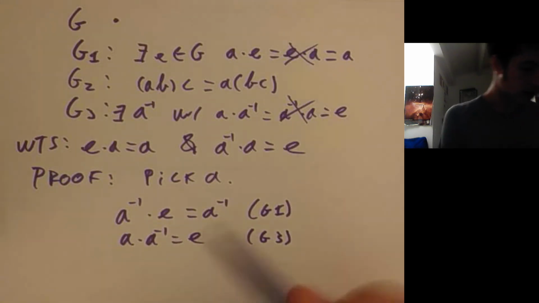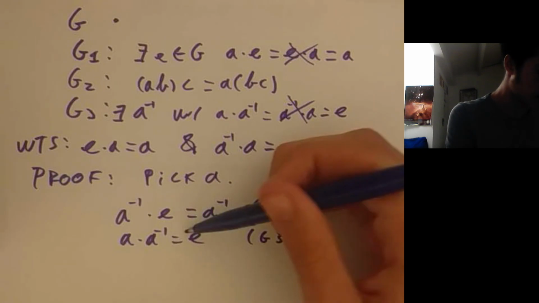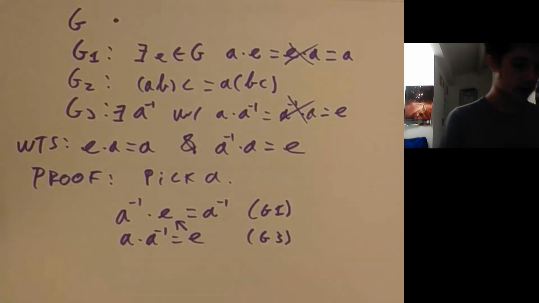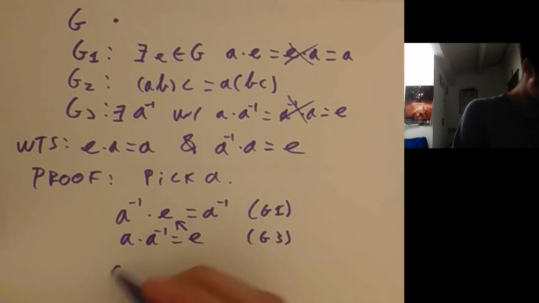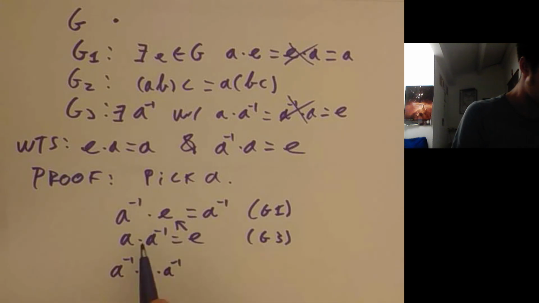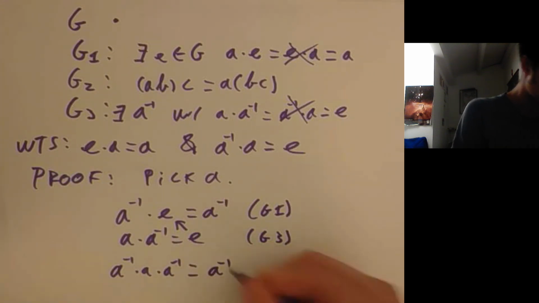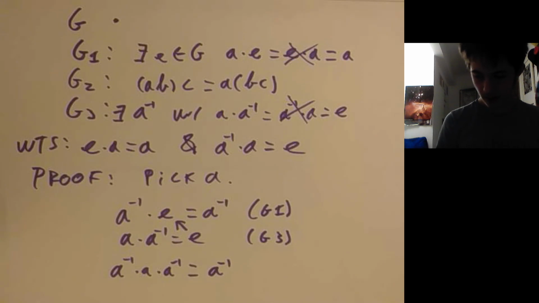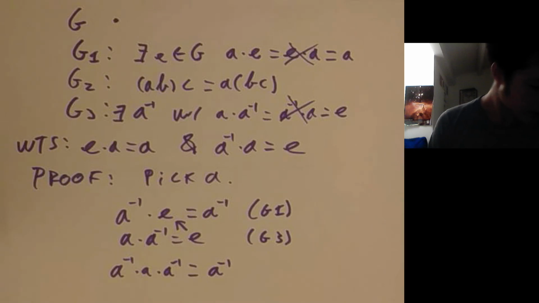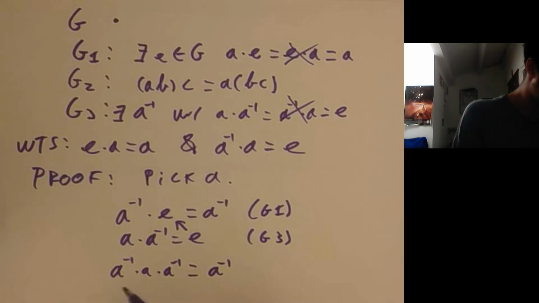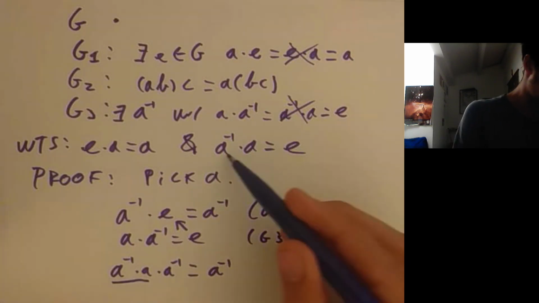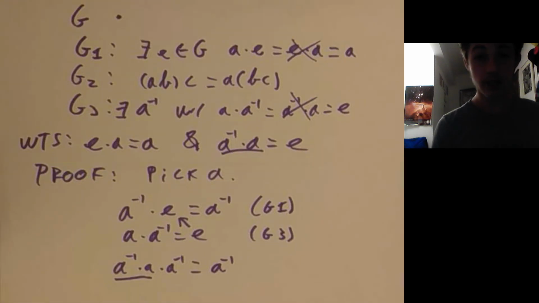Then we know this is equal to the identity, so we can plug that in up here for E, so we get that A inverse multiplied with A multiplied with A inverse, where we substituted this thing for the identity, is going to be equal to A inverse. And this really looks like what we want. A inverse times A is exactly the thing we need up here.